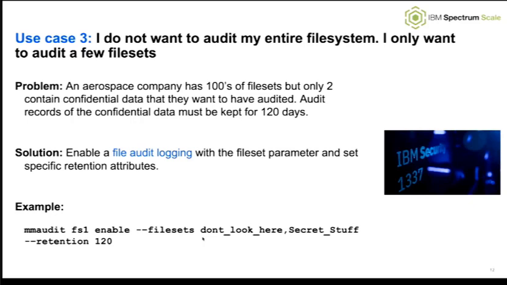Now, in this use case, the confidential data records must be kept for 120 days. So you can, again, pass in the retention flag and set it to the amount of days you need. Now, by default, the audit command will, like John said, save a retention policy or the retention date to a full year, 365 days.